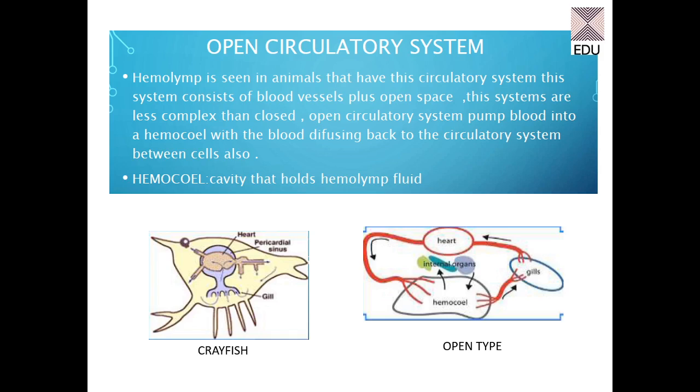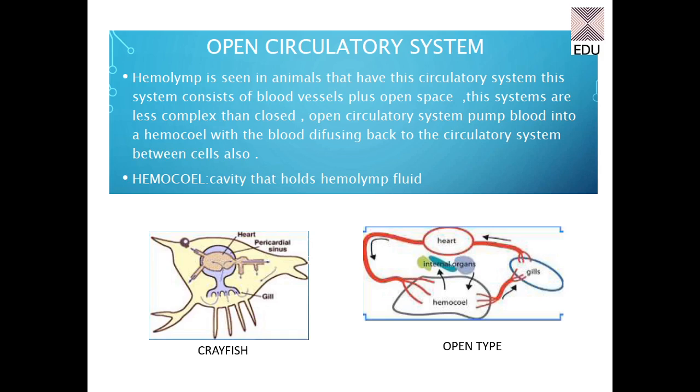The answer is the ostia, the presence of ostia in the heart. The heart has numerous ostia, and the number is species specific, so each species can have a different number of ostia in their hearts. These are small holes in the heart through which the hemolymph enters the heart from the pericardial sinus.